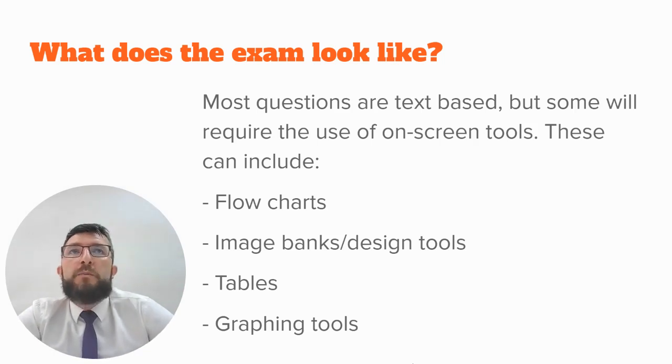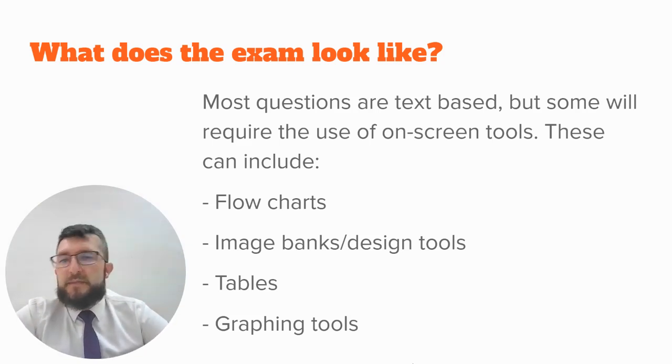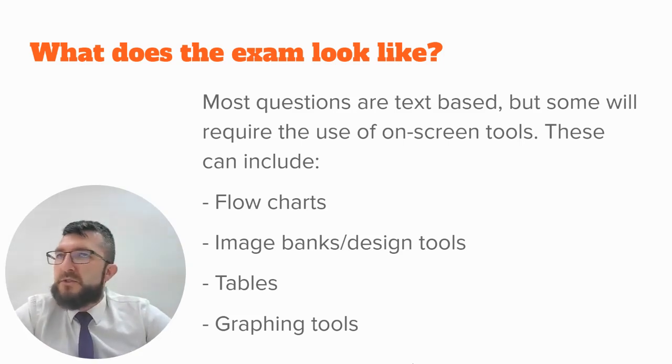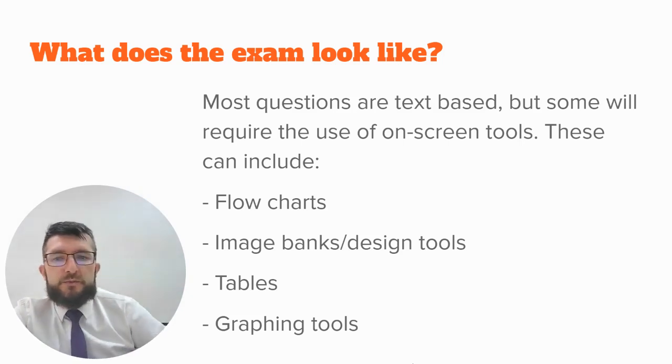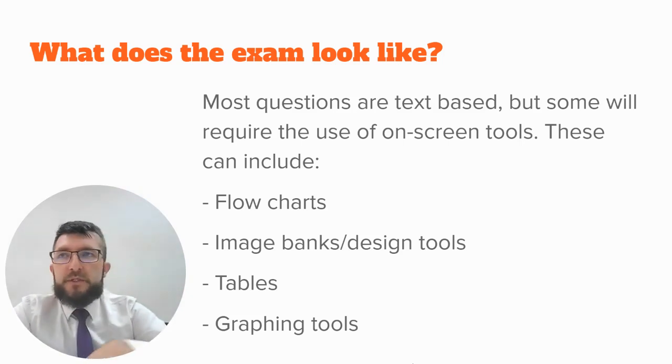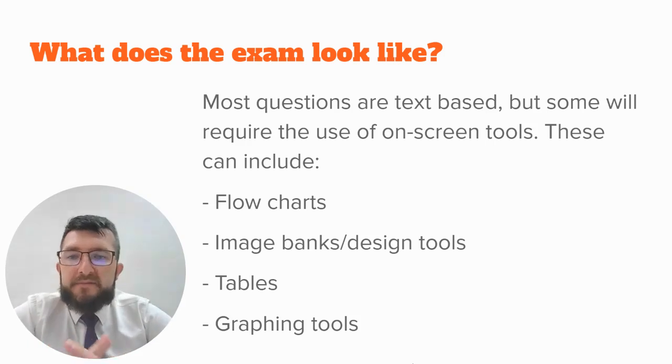I've seen quite commonly, not just in Integrated Humanities, but also the Language and Literature exam, tools for the construction of posters or some kind of image. Usually there's a bank of shapes, images, designs available, and the students drag and drop those onto a canvas area and construct that image or poster or whatever it happens to be.